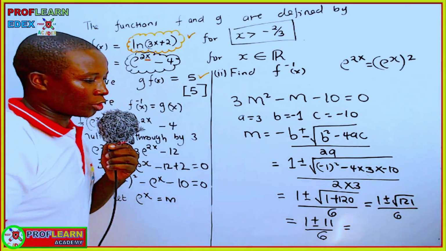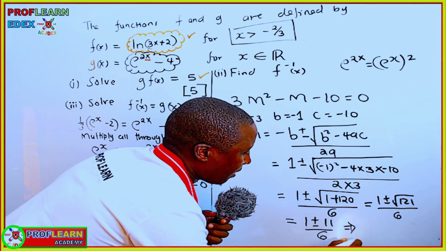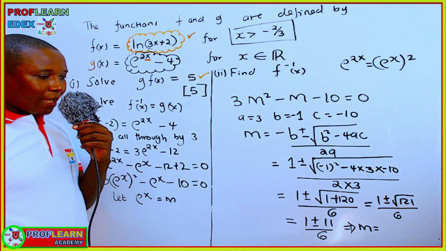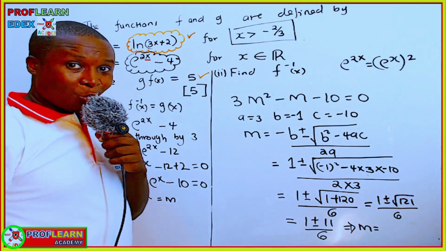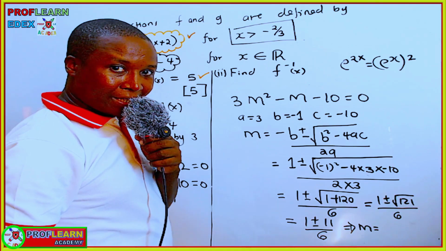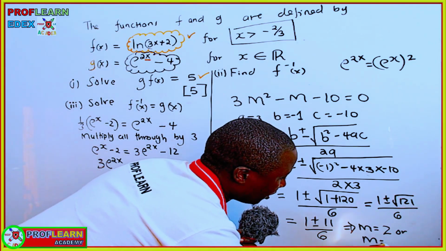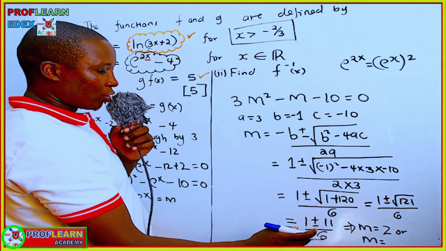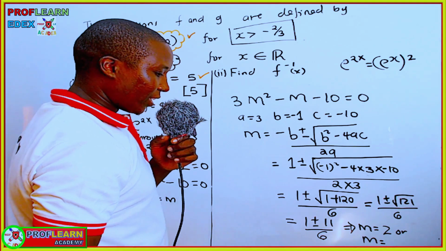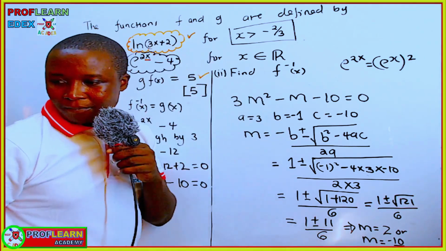So one of the solutions: m is going to be equal to 1 plus 11, which is 12, divided by 6, that's going to be 2. Or m is equal to 1 minus 11, which is -10 over 6.